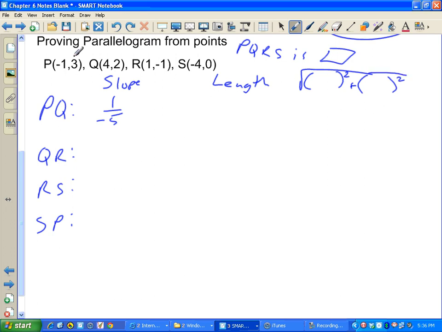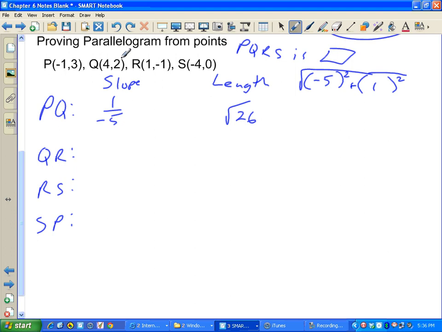Negative 1 minus 4 is negative 5, squared. 3 minus 2 is 1, 1 squared. Here we get 25 plus 1, so I get the square root of 26, which breaks down to 2 and 13, so nothing comes out. So that's simplest radical form.